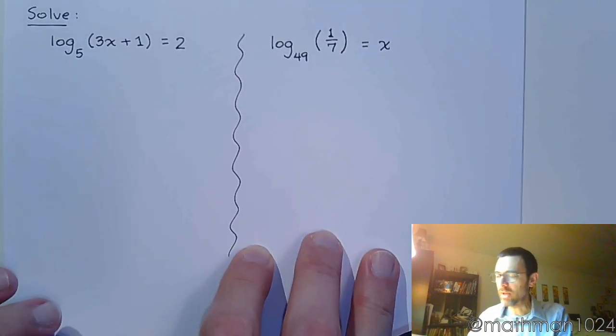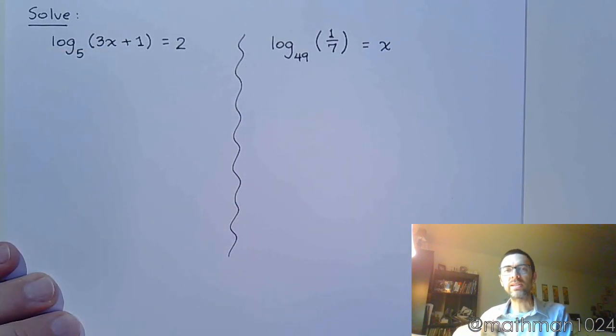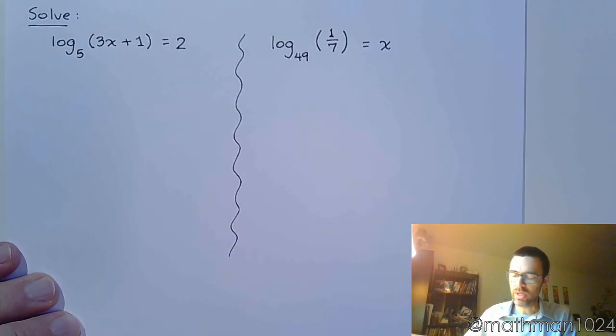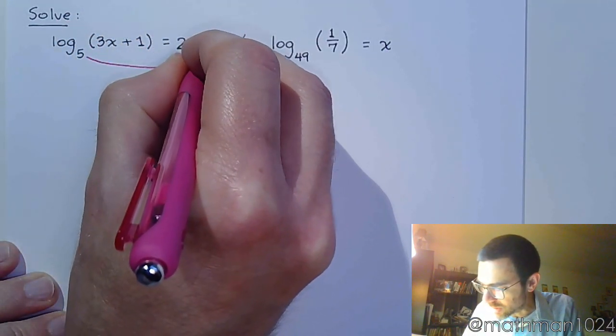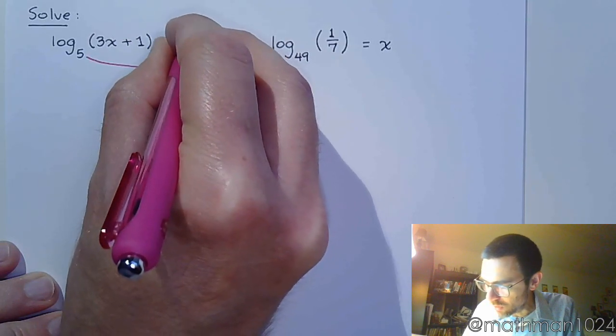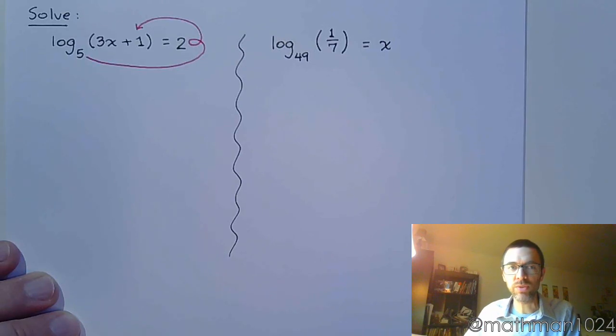So down here at the bottom we have log base 5 of 3x plus 1 equals 2. X is contained inside of that logarithm, so we want to rewrite this so it's not. And we can again fly the plane. So 5, your base, raised to 2 is going to equal 3x plus 1.